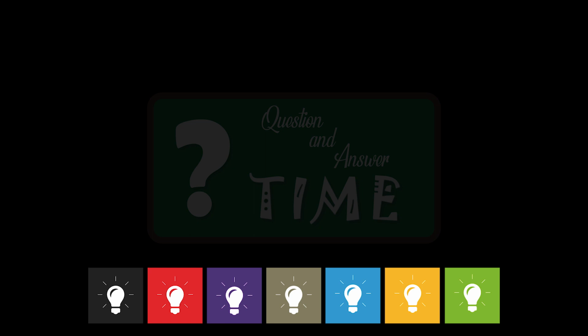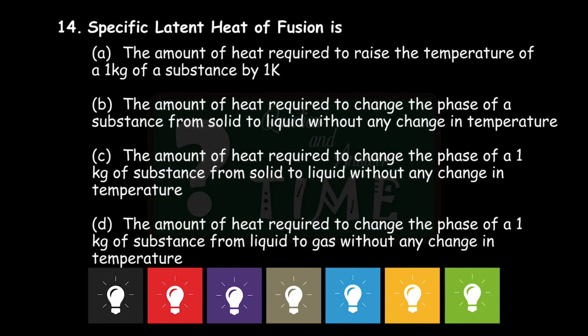Let us now move over to question number 14. Specific latent heat of fusion is, the options are A, the amount of heat required to raise the temperature of 1 kg of a substance by 1 Kelvin. Option number B, the amount of heat required to change the phase of a substance from solid to liquid without any change in temperature.